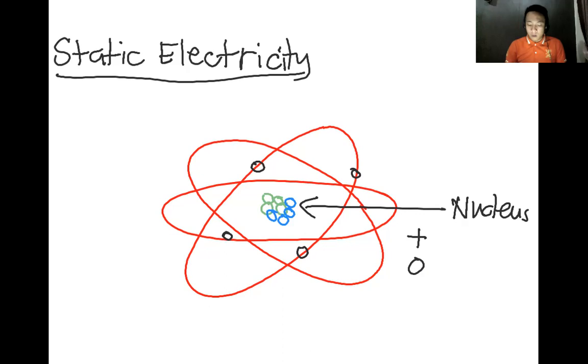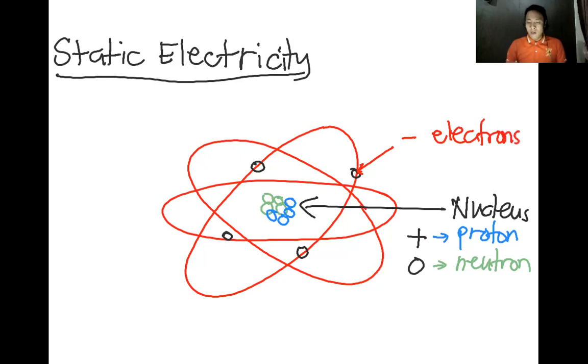The positive is what we call the proton, and the neutral one is what we call the neutron. Those are the two particles that stick together at the center of the atom, the nucleus. And this part that I colored black, these are the negative particles, or the electrons.